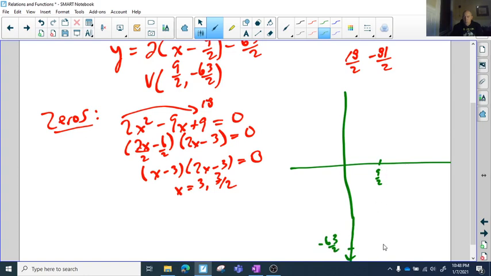So there's my vertex. My zeros were at 3 over 2, which is 1.5, and 3. I don't know what's going on here.